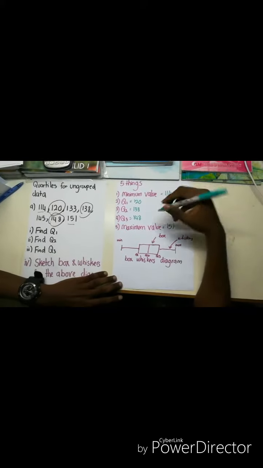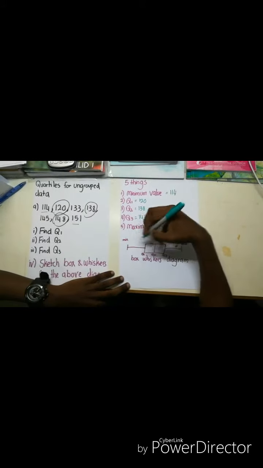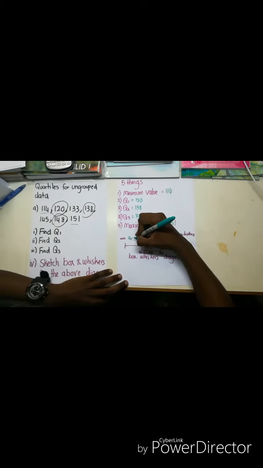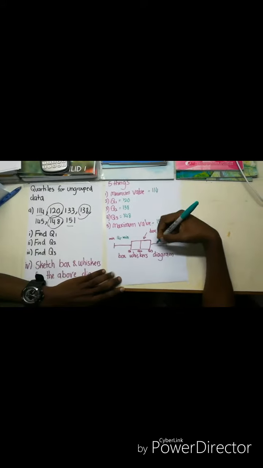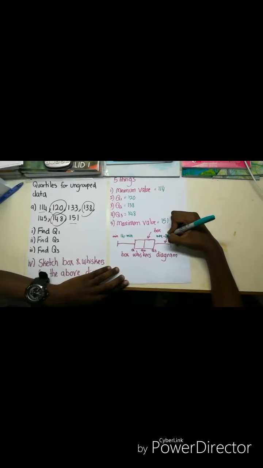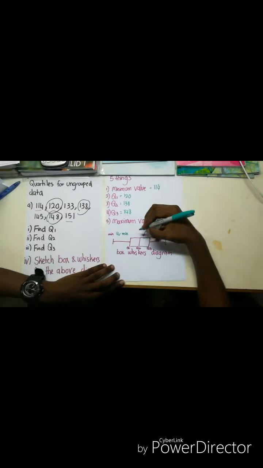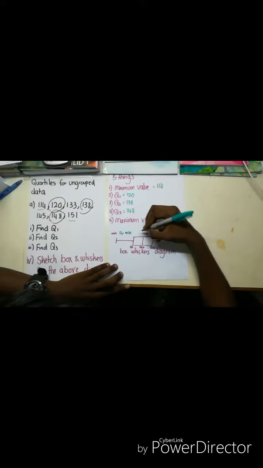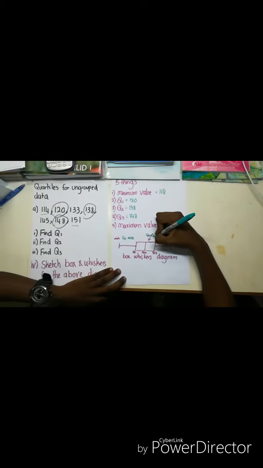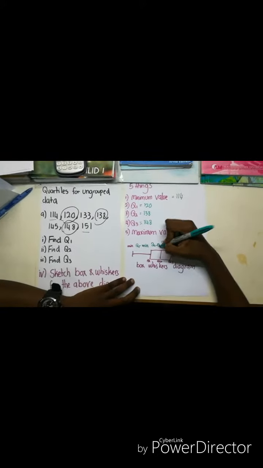To find which one is longer, for the left whisker, we need Q1 minus minimum value, and for the right one, we need maximum value minus Q3. For the right box, we find the range Q3 minus Q2, and for the left one, Q2 minus Q1.